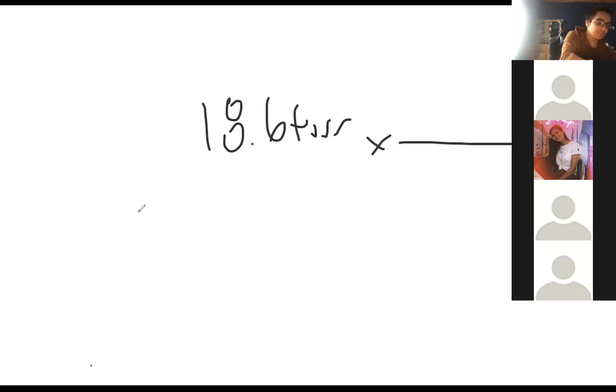We have 18.6 torr, and we know that for every 760 torr, we get 1 atmosphere. So that would be how we convert from torr to atmospheres. It looks like your decimal point is in the wrong spot.